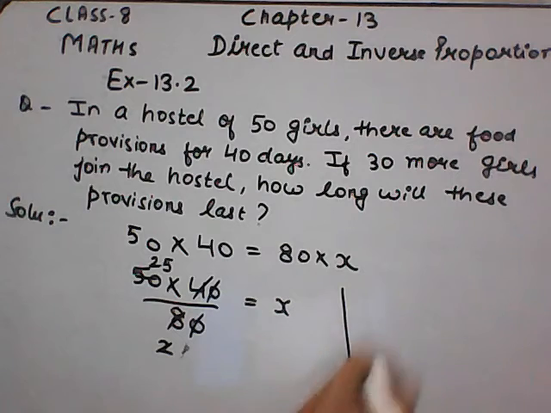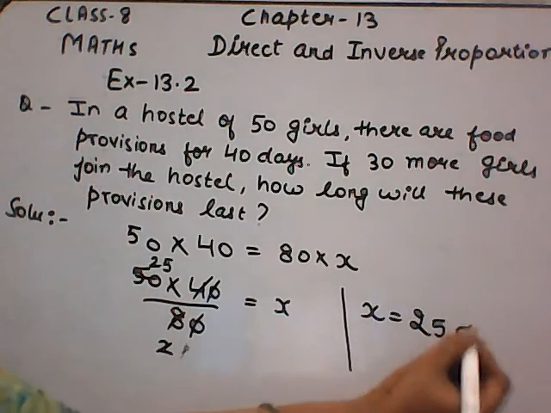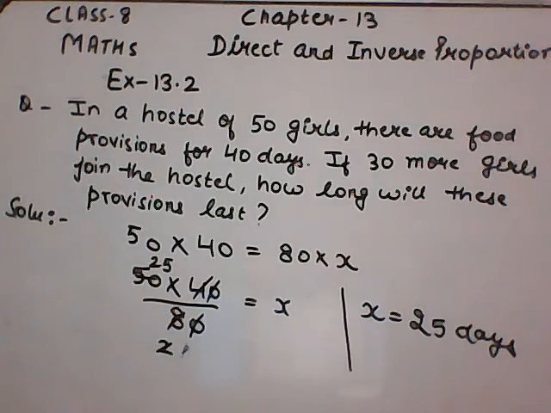X is equal to 25 days. If there are 80 girls in a hostel, then the food provision will last for 25 days. In this way, you can solve questions related to inverse proportion. Let's move to the next question.